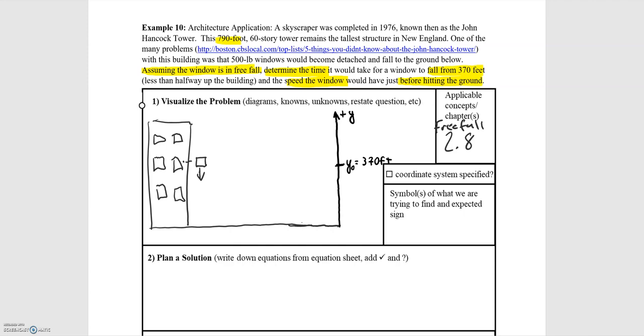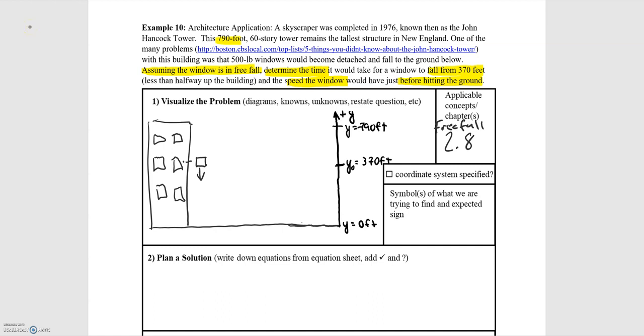The total height of the building is 790 feet. And then I'm going to put the ground level to be a position of y equals 0 feet.